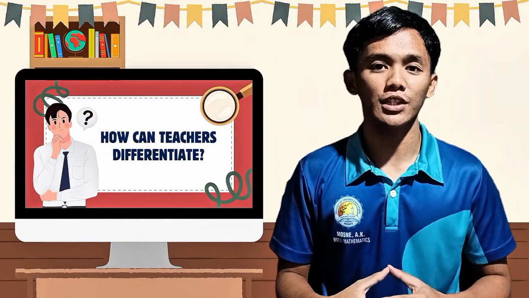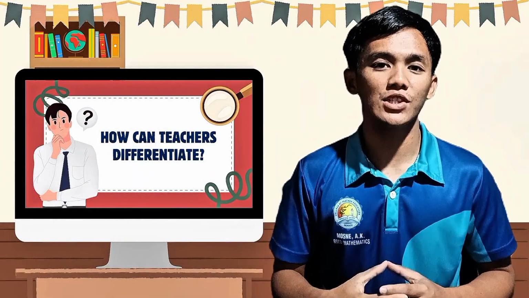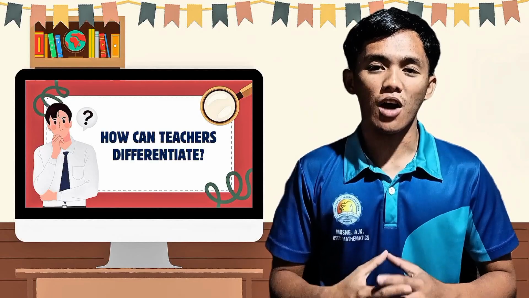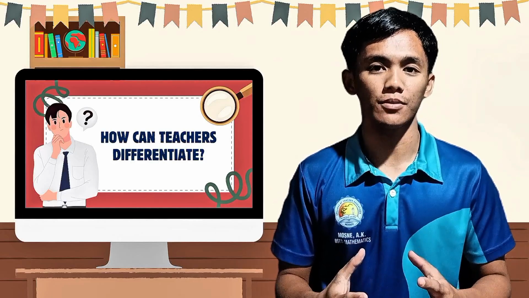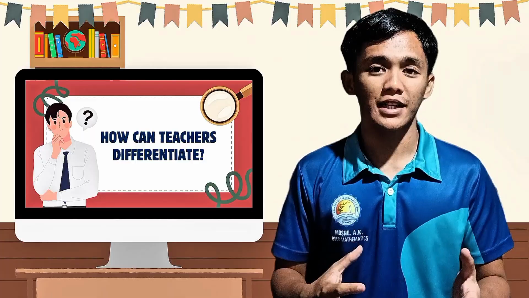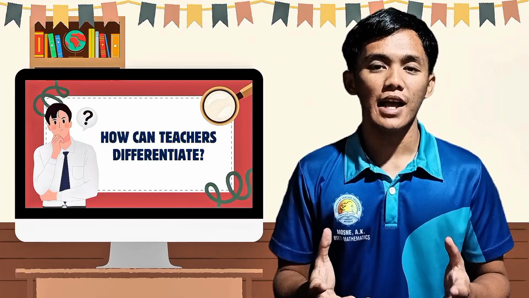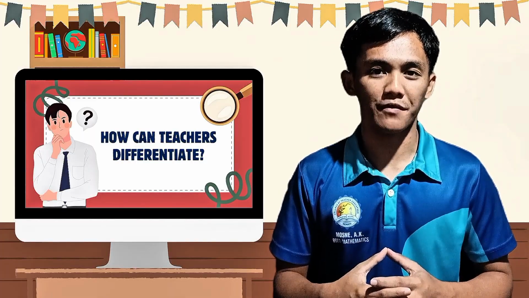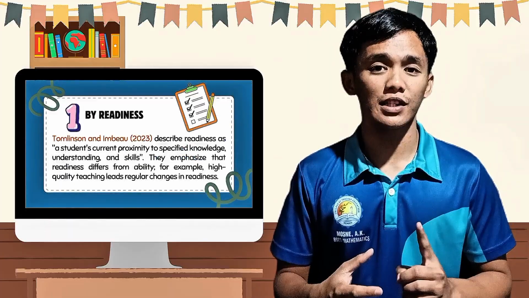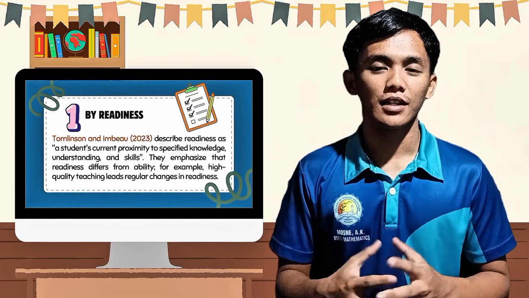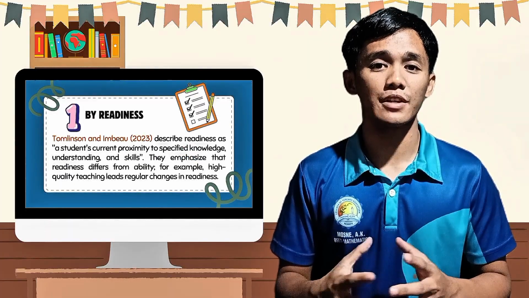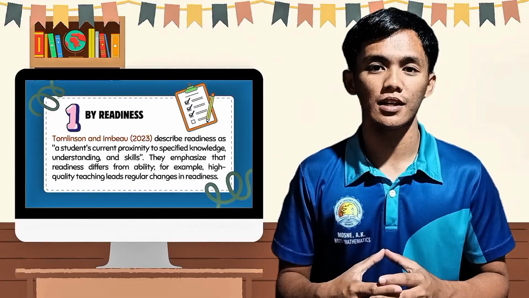Teachers can differentiate instruction by considering these three student characteristics, according to Tomlinson and Imbeau. And these are by readiness, by interest, and by learning profile or preferences. First is by readiness. This refers to students' current level of knowledge and skills.